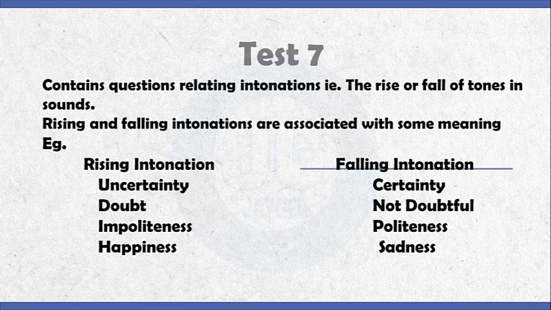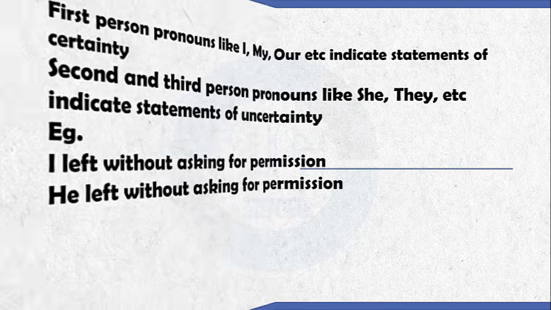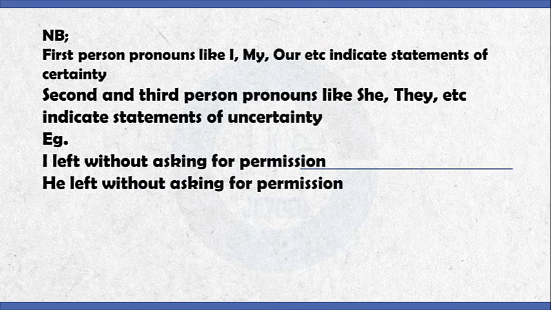Therefore, it may suggest that the speaker is impolite. However, if I say, I don't need it anymore, the speaker may be perceived as being polite. Note that rising intonation can be used for making polite requests. Only requests. Example, can I borrow your pencil please?